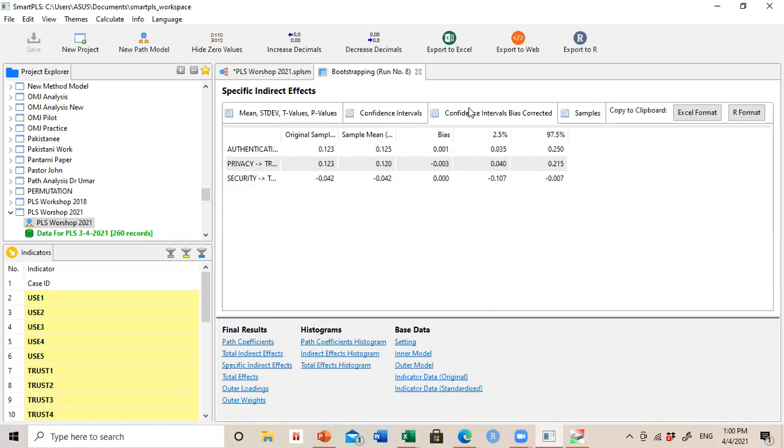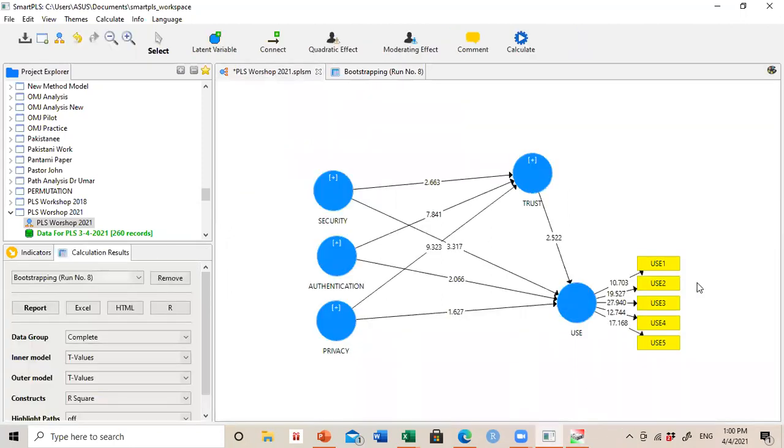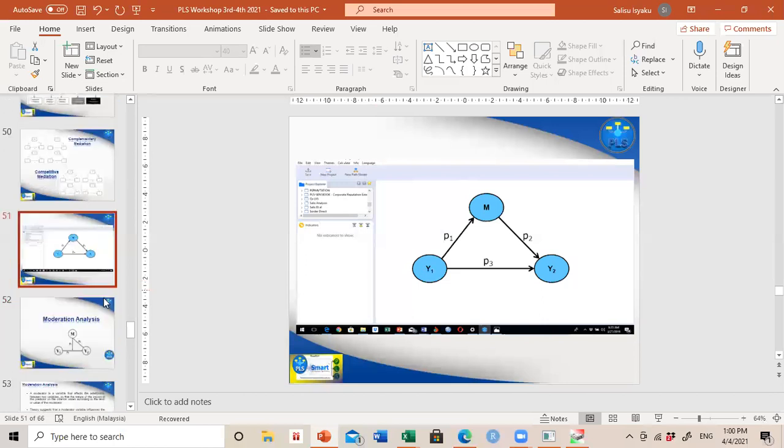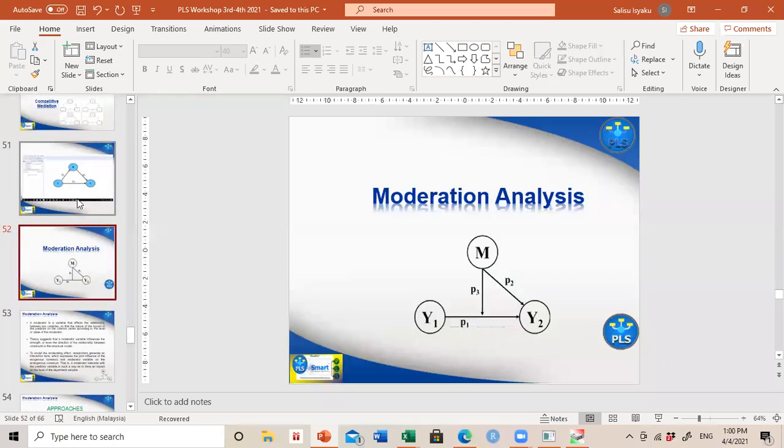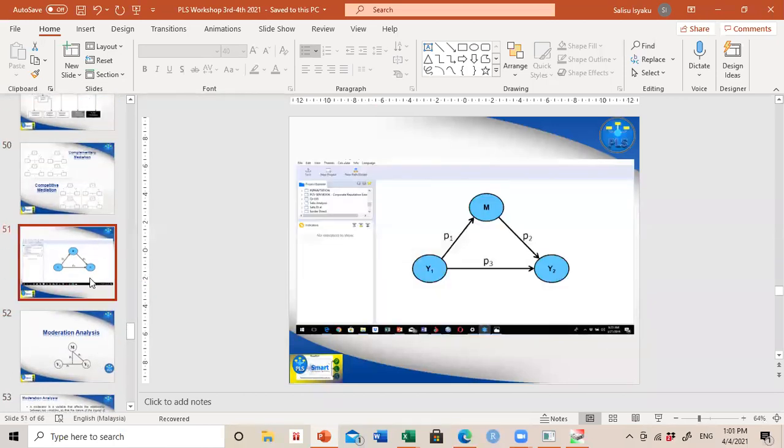If there is zero in between, you consider it non-significant, and that is how it is interpreted. I think that is it for now. Okay, we finished mediation as quickly as we could.